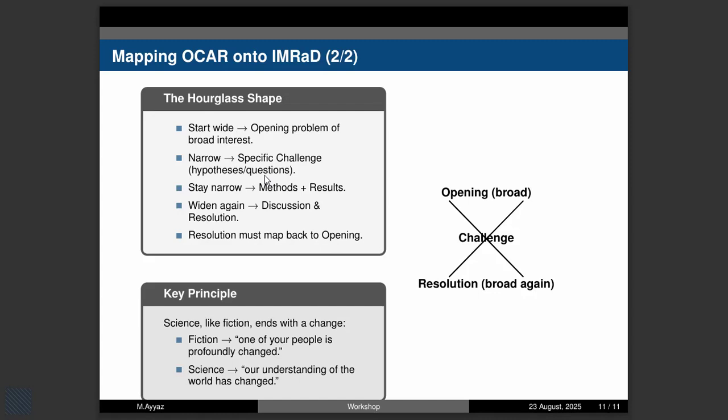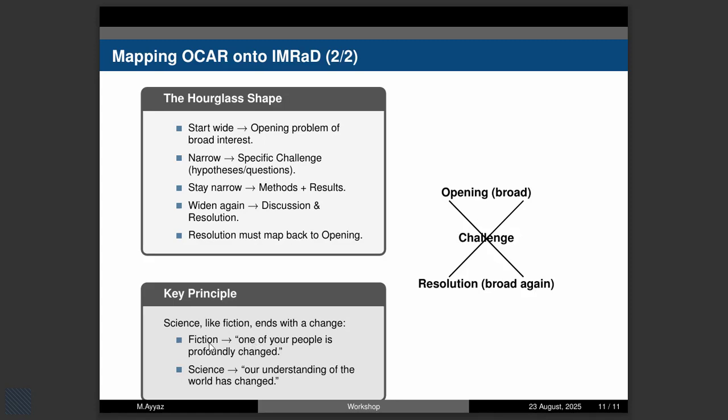Then we further narrow down the hypothesis through methods and research, and we widen it again in the discussion and resolution section by addressing how our research work has solved the problem and what the implications of our research are in addressing the wider problem that we described above. So the structure of the paper should be an hourglass-like structure.